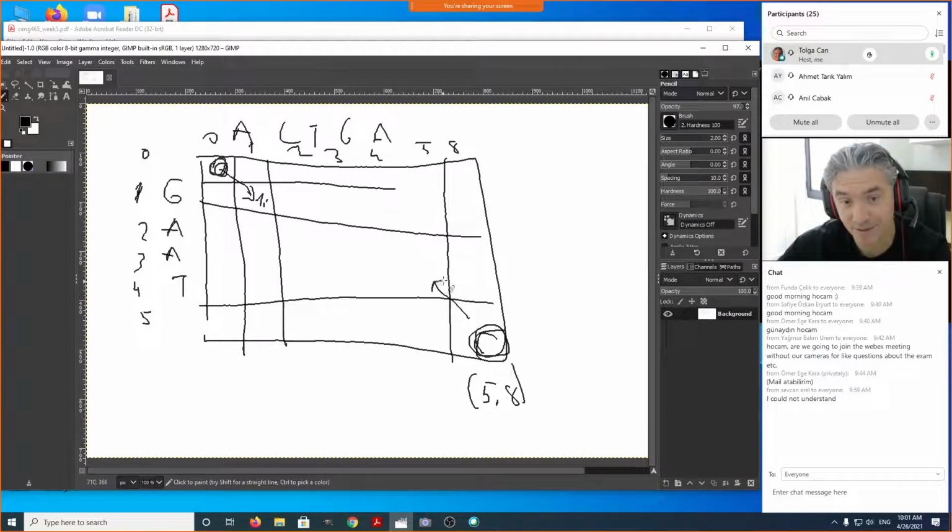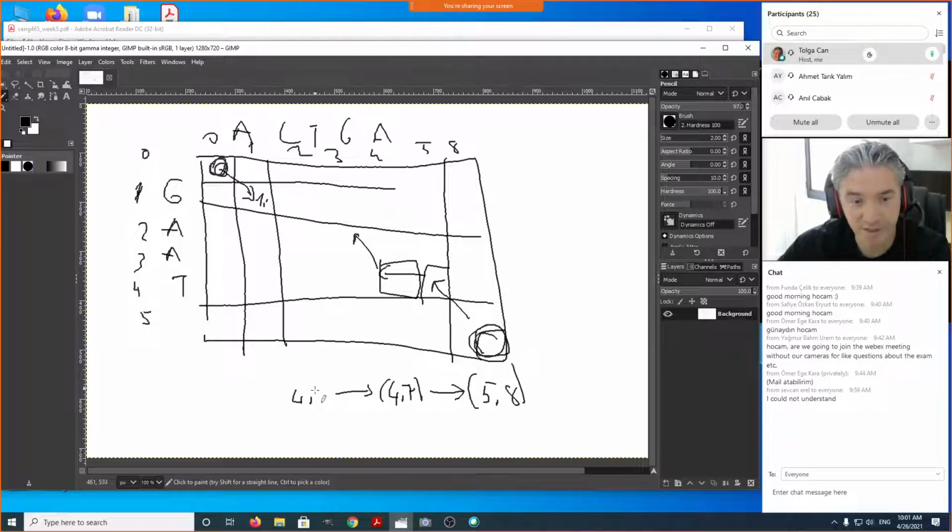If you do the trace back on this matrix, you'll see that you're also in 2D. For example, this is 4, 7, and you go left, which means that you remain at 4, it becomes 4, 6. So your alignment is also a trajectory starting from 0, 0 and going to 5, 8. In 2 dimensions it was like this.